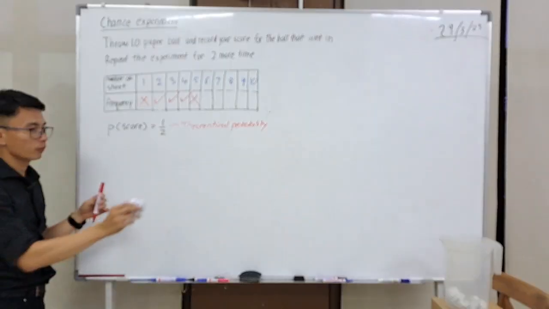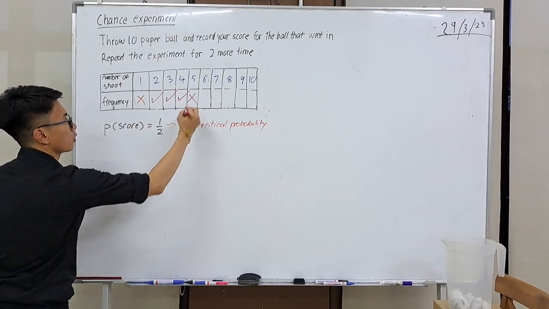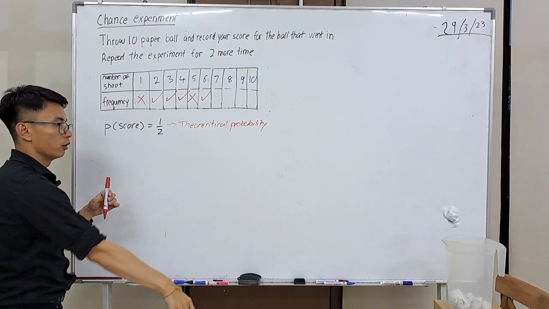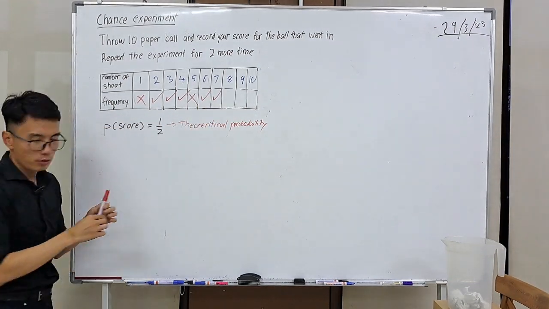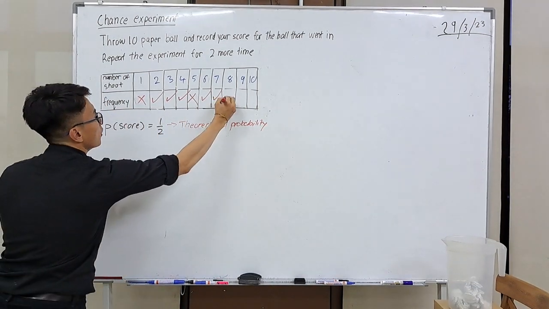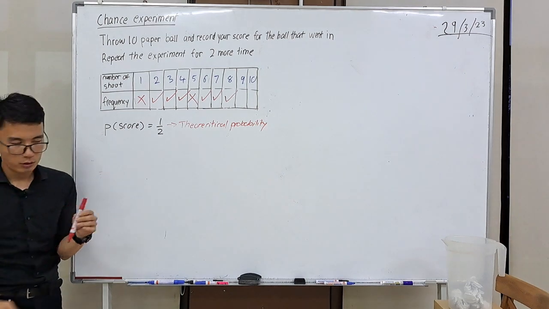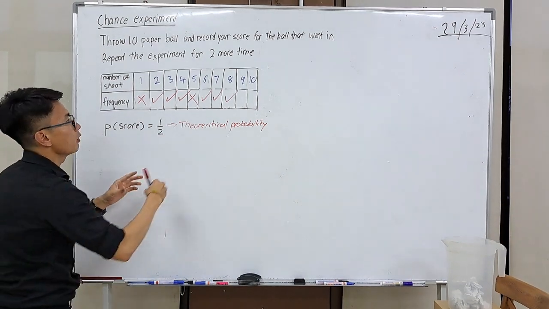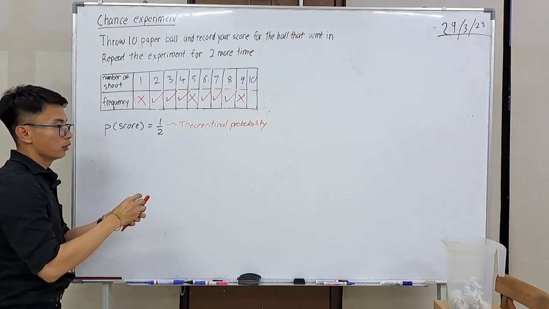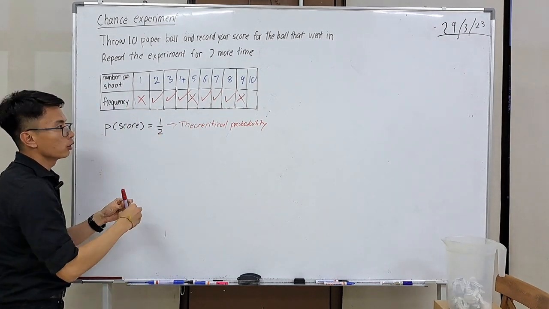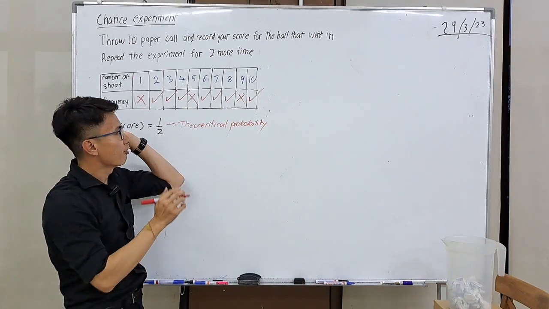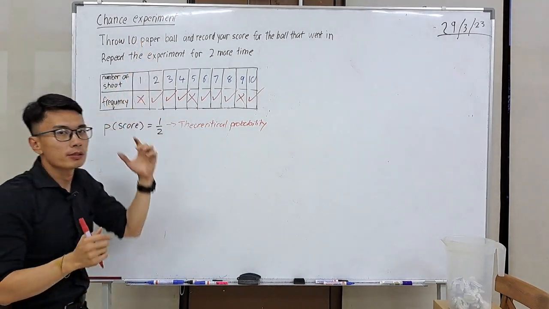Sixth one, score. 7, score. 8, score. 9, miss. And the last one, score. Okay, so what have I done so far is I have done an experiment of me throwing 10 paper balls.